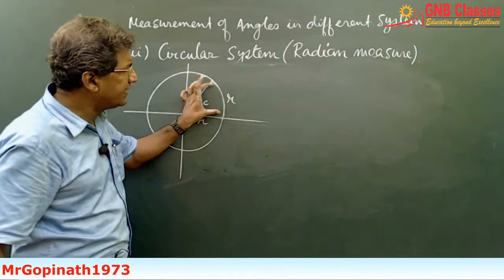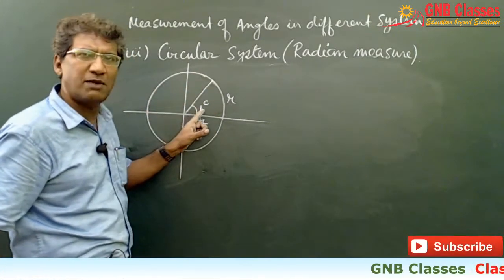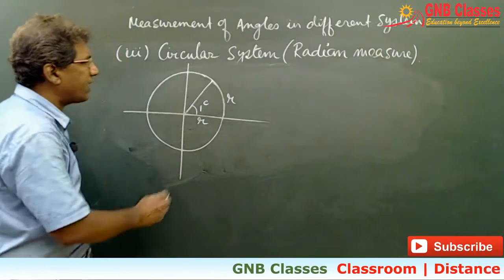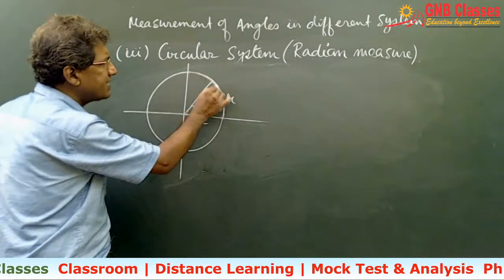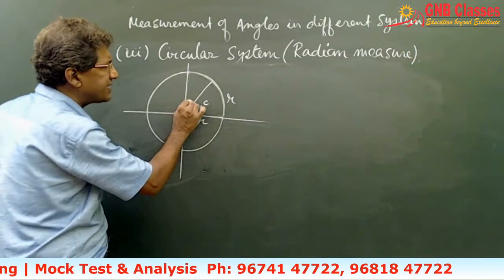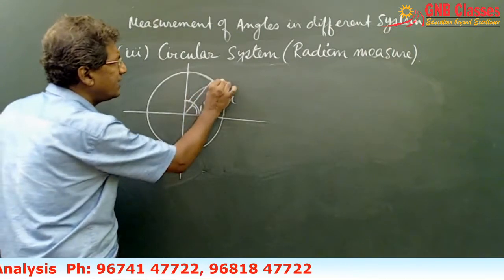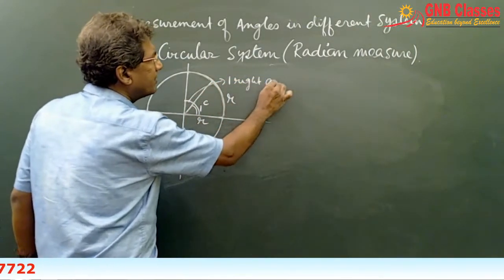So this arc will subtend an angle at the center of the circle which is nothing but 1 radian. Now this length is again subtending at the center one right angle. Yes or no? This angle is one right angle. Is it clear?